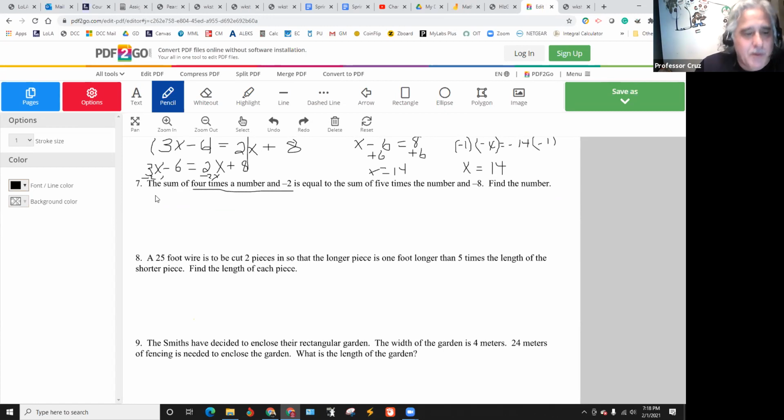If something's multiplying the sum, then you've got to have the parentheses. But this is just 4x and negative 2 is 5 times x negative 8. And you could put here plus negative 2 plus negative 8, but both of them mean the same thing.